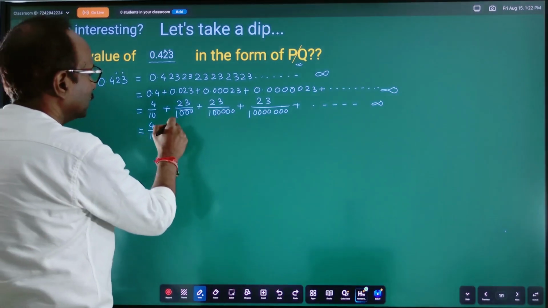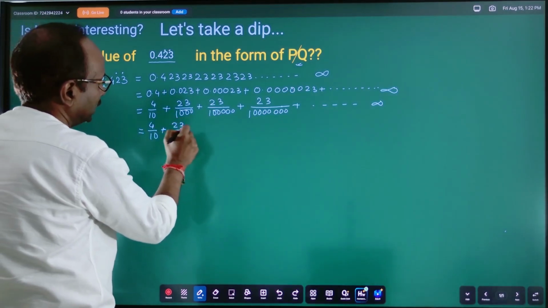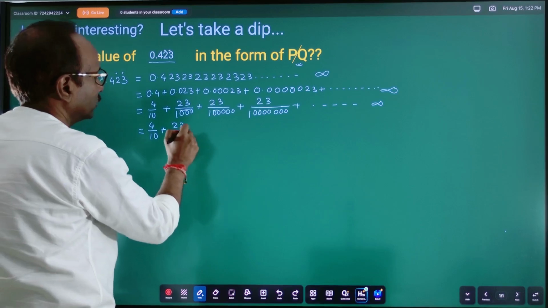Can we make it more simple by taking 23 by 1000 outside?